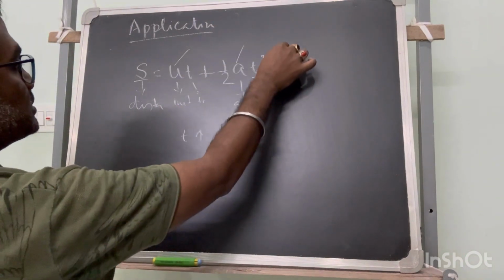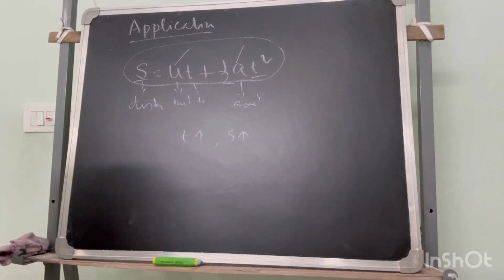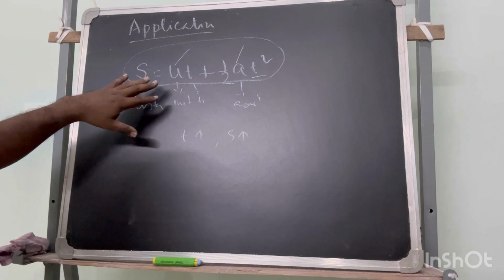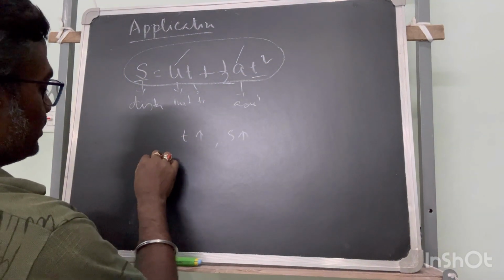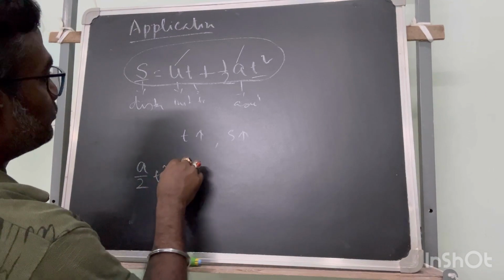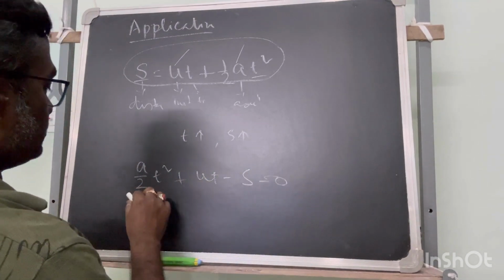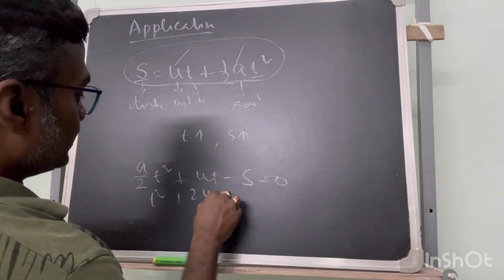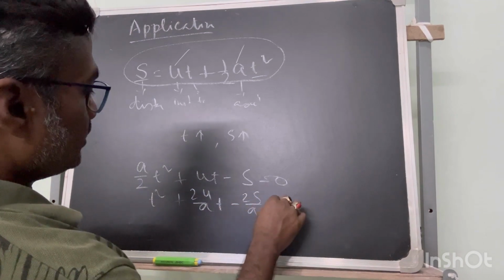Now see, this is a special equation, but although it is a quadratic equation, you can write a by 2 t square plus ut minus s is equal to 0, and t square plus 2u by a t minus 2s by a is equal to 0.